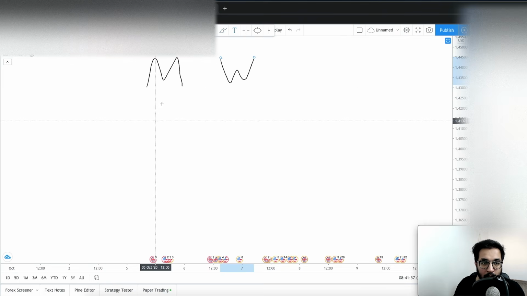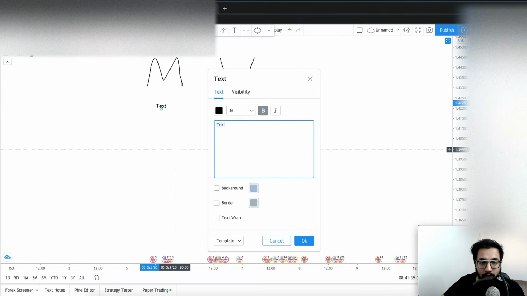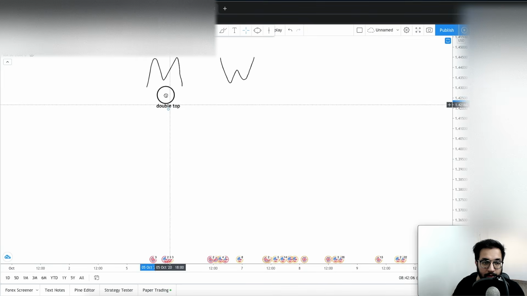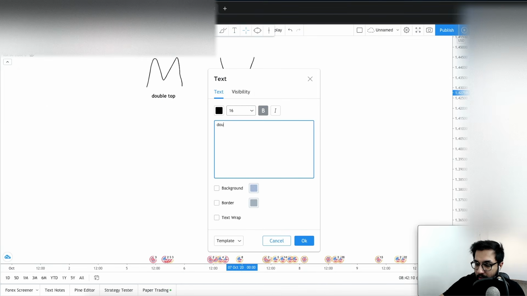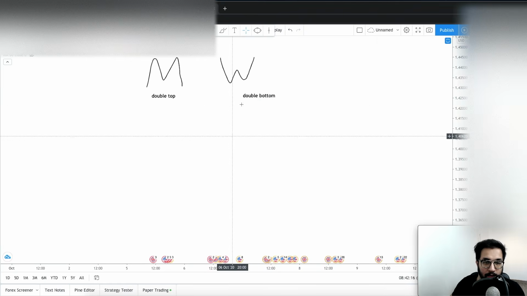And this is called a double top, right? And this is called a double bottom, or an M or a W shape, or W pattern.